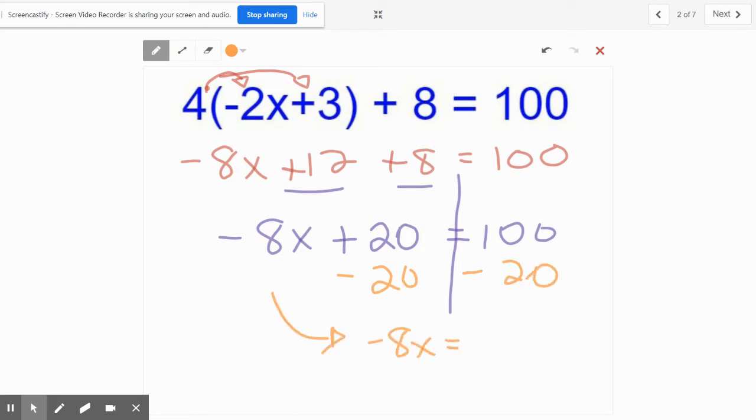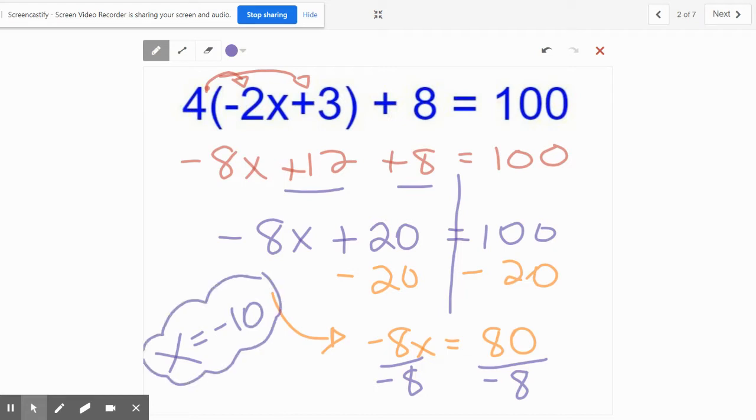Negative 8x equals 80. And after that, just divide by negative 8. Okay. Negative 8 goes into 80 10 times, but there's a negative. All right, and there's your answer. Okay. All right, next slide.